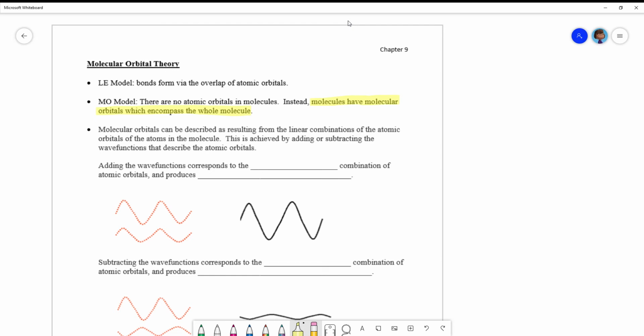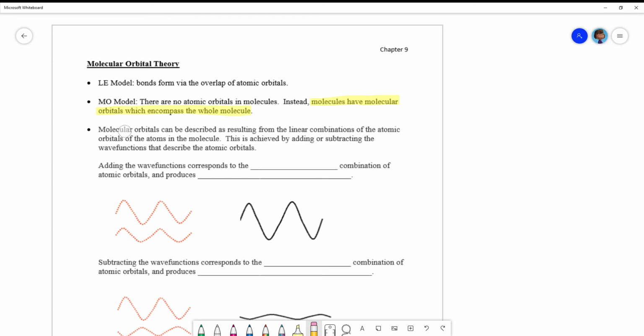So now the question is, how do we know what the molecular orbitals are for a particular molecule? Well, we have to figure it out. And the way we figure it out is ultimately by taking combinations of the atomic orbitals of the atoms in the molecule.